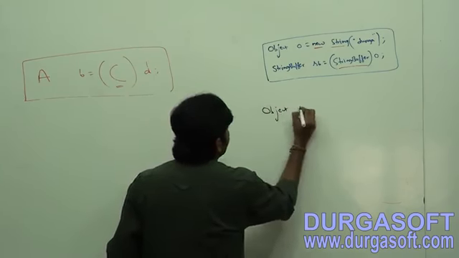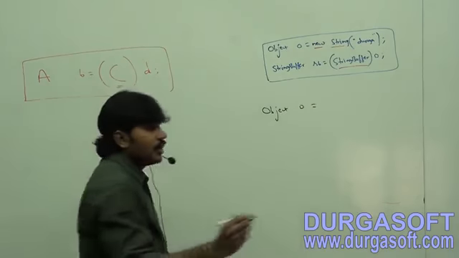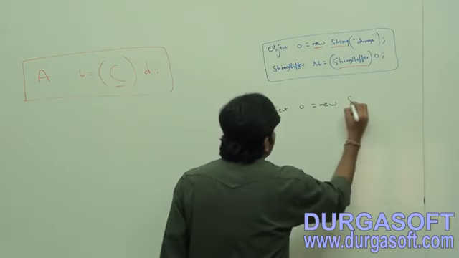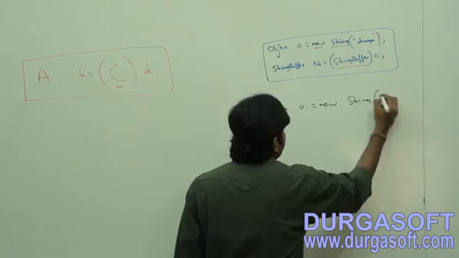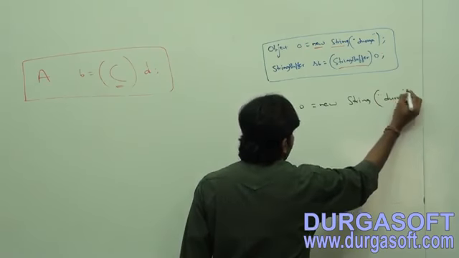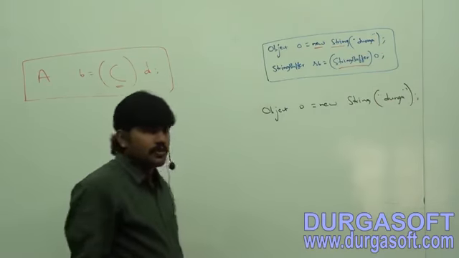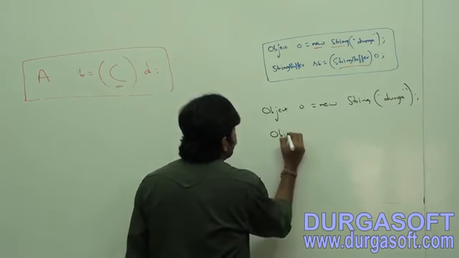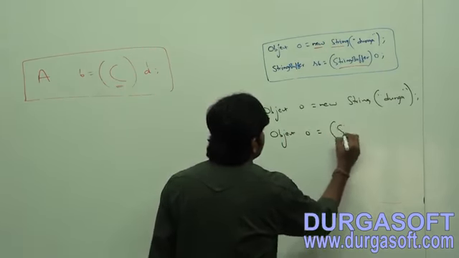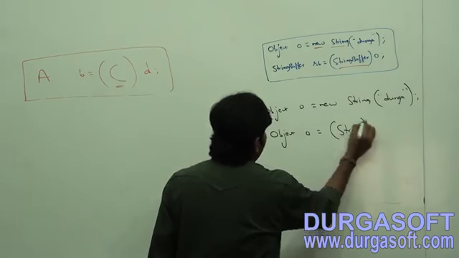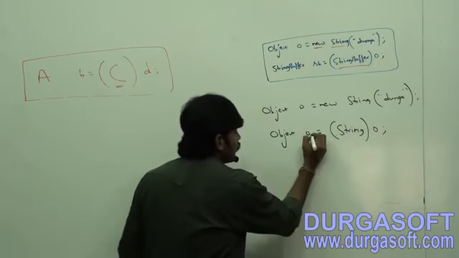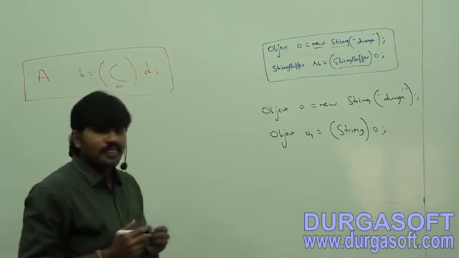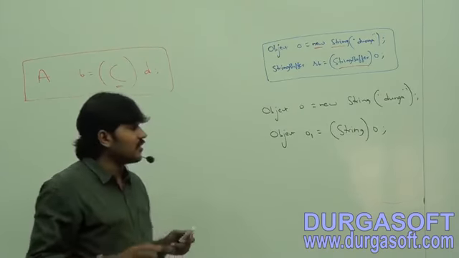Object o = new String("Durga"); Next, Object o1 = (String) o; Can you tell, is it valid or not?